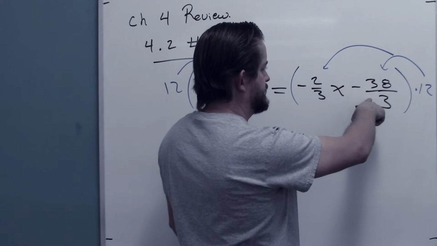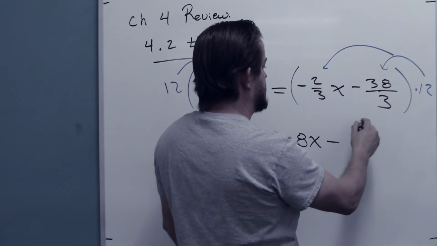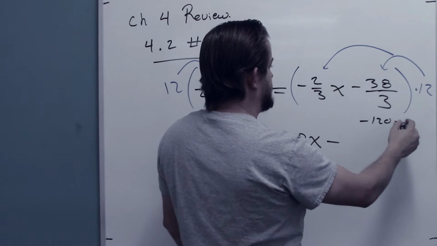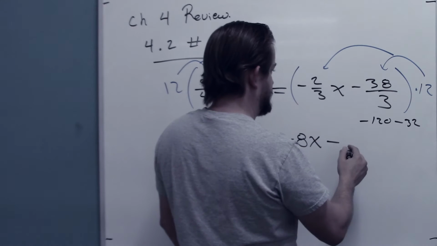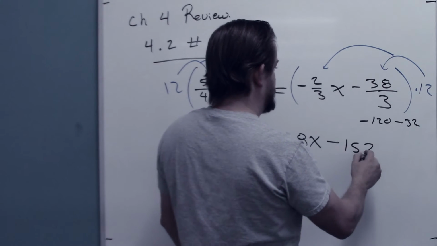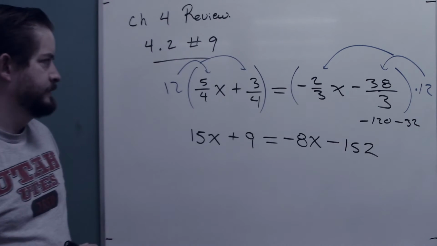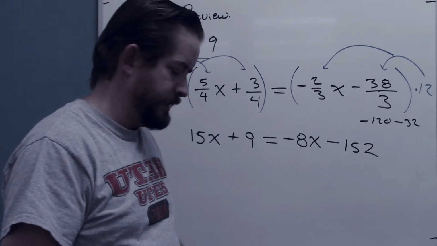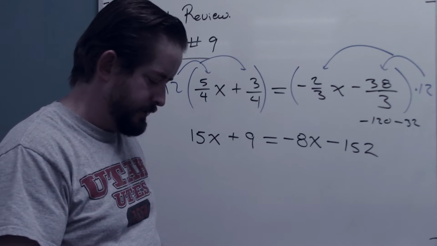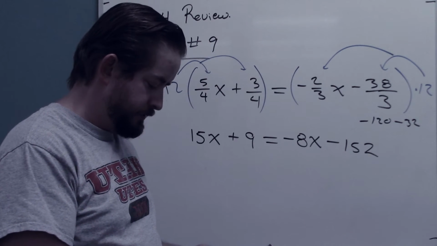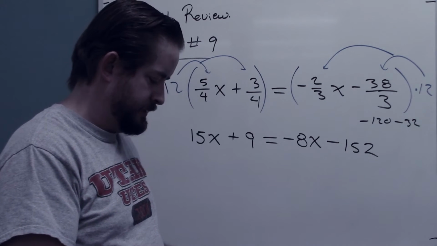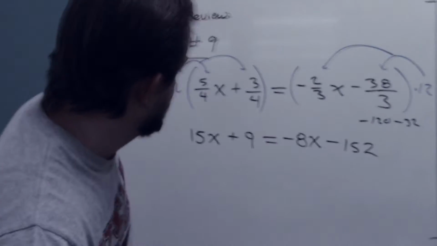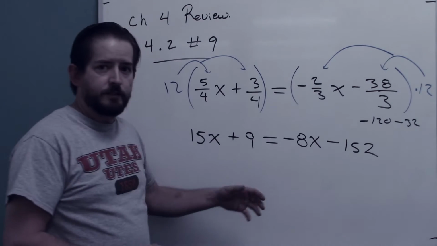Negative 120, and then negative 32 more, so negative 152. Excuse me while I grab a calculator, and apparently I can't speak or do math today. Negative 38 times, what am I multiplying by 4? It's 152. All right, brain's still sort of working.